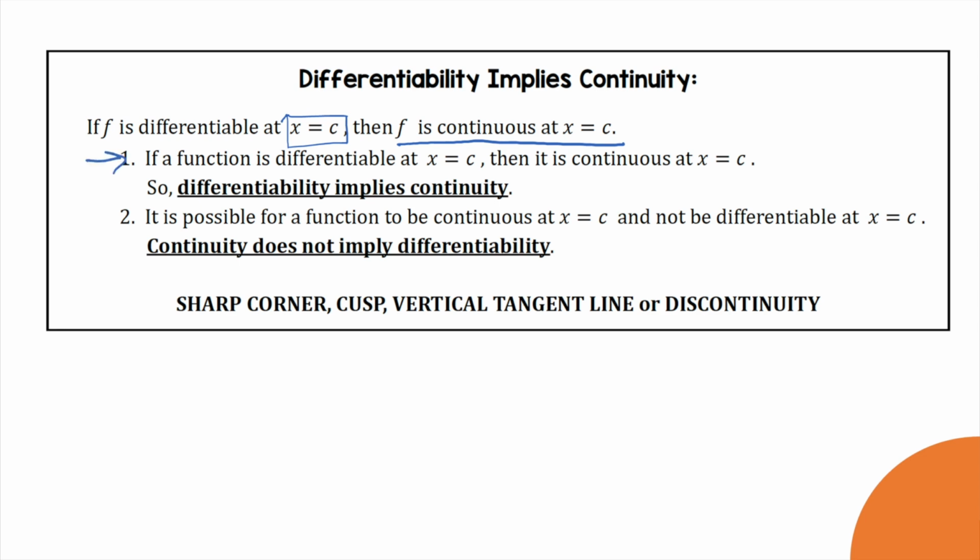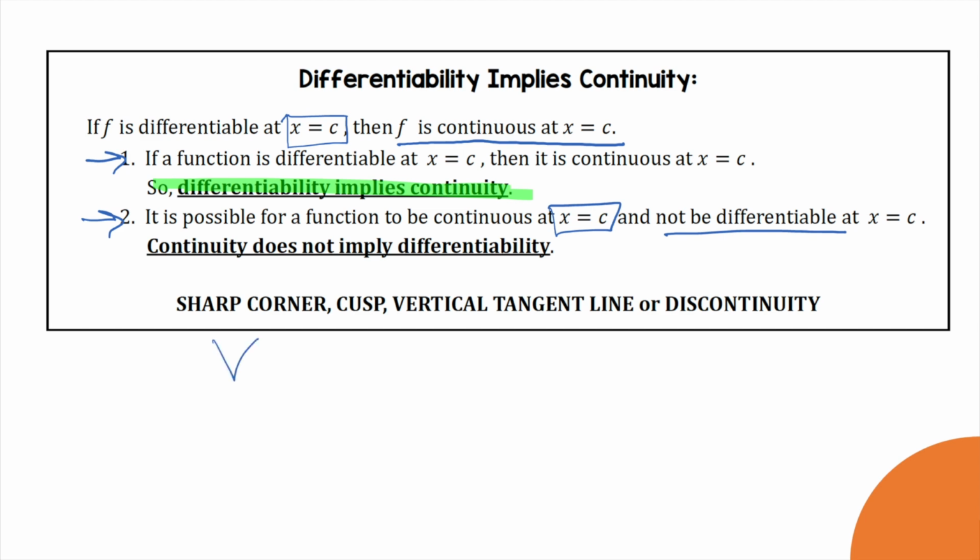So number 1 says, if a function is differentiable at x equals c, then it is continuous at x equals c, so differentiability implies continuity. That's great. Is it possible for a function to be continuous at x equals c, but not be differentiable at x equals c? Well, we saw 2 different examples of this earlier where it was continuous but not differentiable.